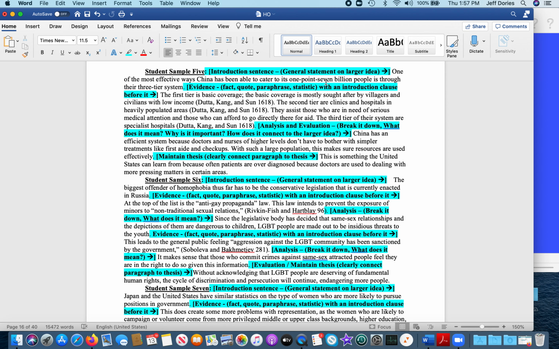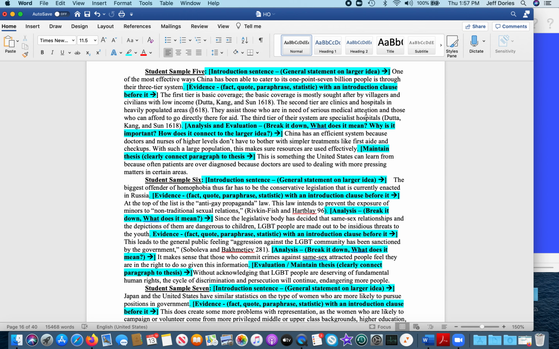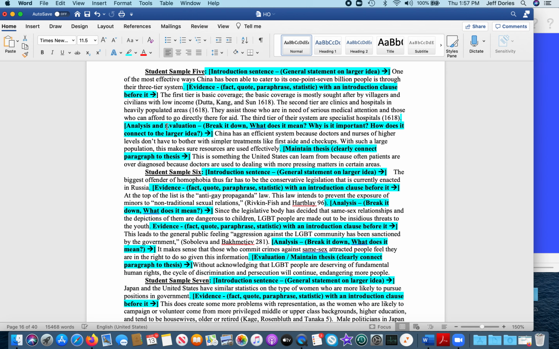Okay, so one note here. If you're using the same source multiple times in one paragraph, the second time with nothing in between, you could just do page number. So that would be just something to note there. Second, it's violating one of my rules that you have 3 pieces of evidence there, right?